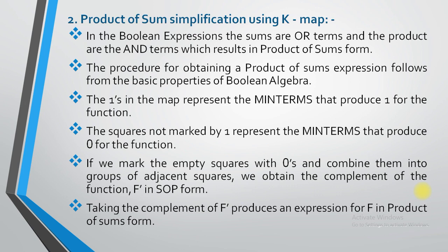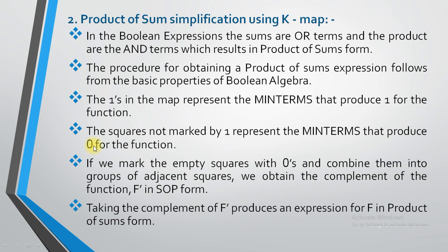The procedure for obtaining a product of sum expression follows from the basic properties of Boolean algebra. The ones in the K-map represent minterms that produce 1 for the function. Now, those squares which are not marked with 1 will be replaced with 0.